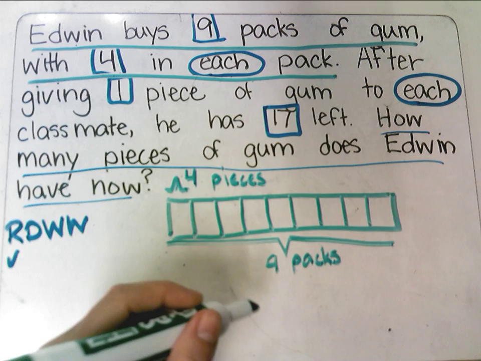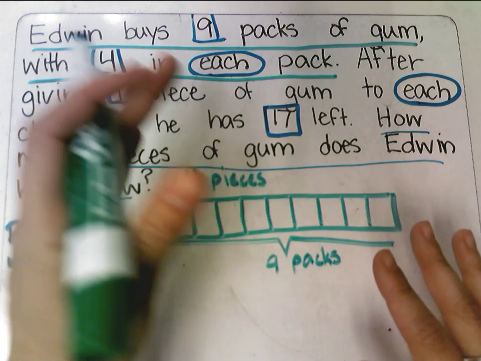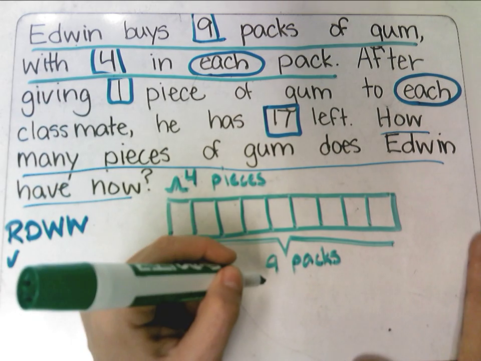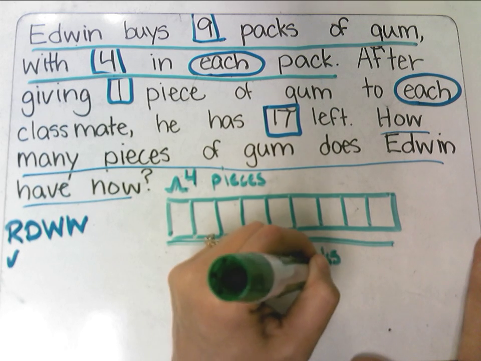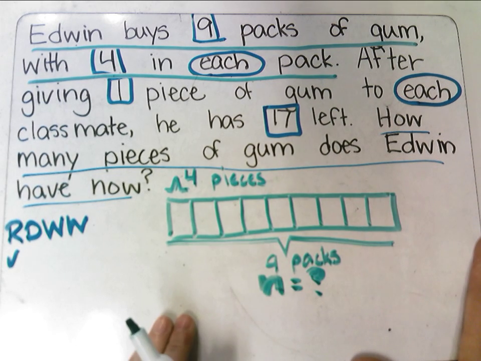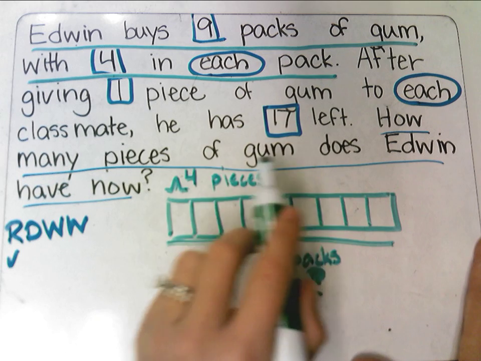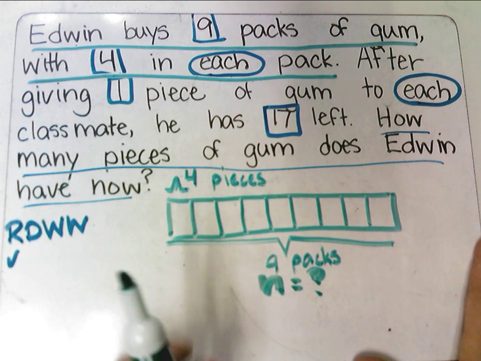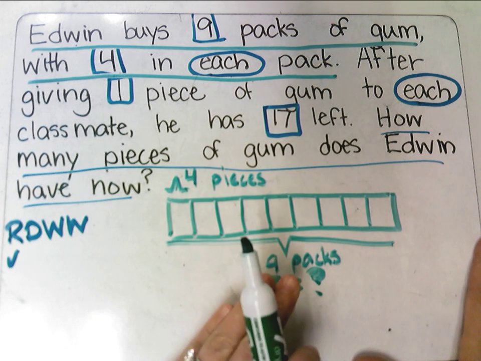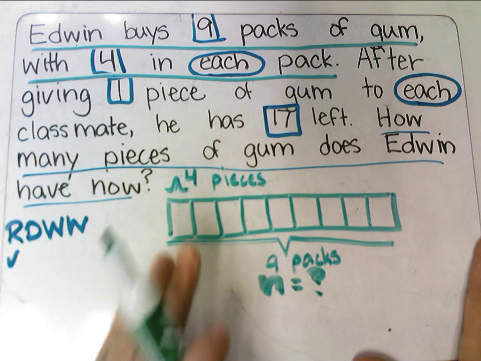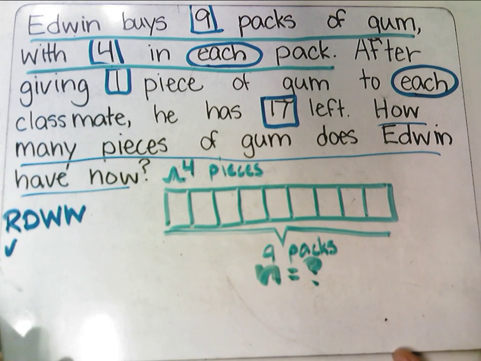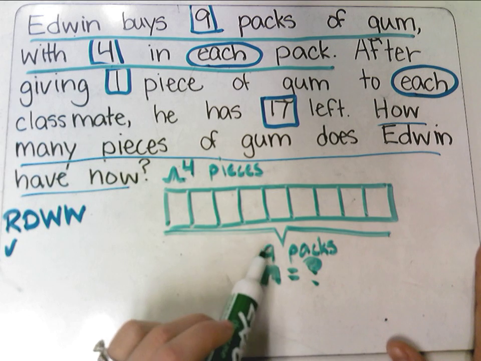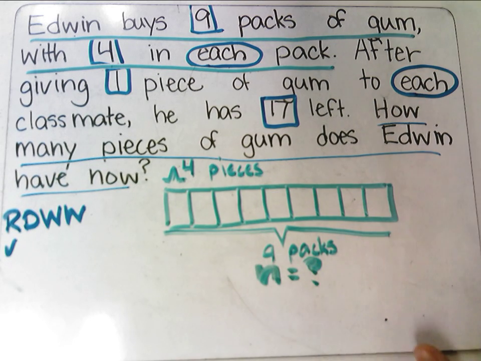We don't know, and we're going to go back to the unknown. I'm going to use an N for the unknown, because what don't we know? How many pieces of gum does Edwin have now? So this is a good start for us. We can think of a multiplication equation for this tape diagram. 9 times 4. Why does that work for this tape diagram?